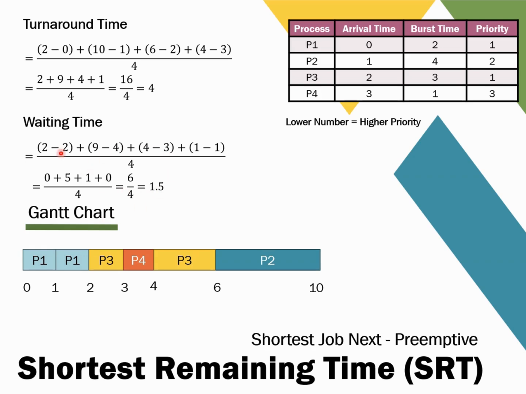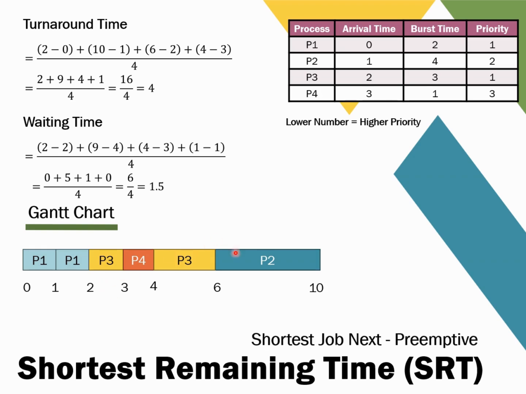Why? Process 1 has arrival time 0, the CPU is allocated to it at 0, and it completes at 2, and the burst time is also 2. So between 0 and 2 it isn't waiting for the CPU. Also for P3, it came at 2, and exactly at 2 it got the CPU.